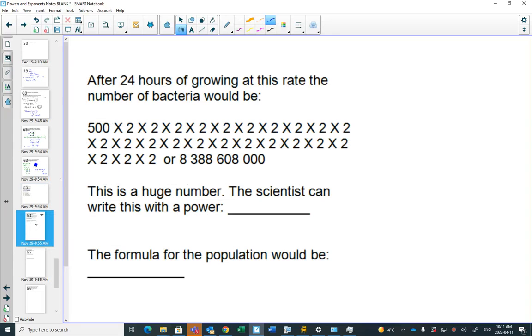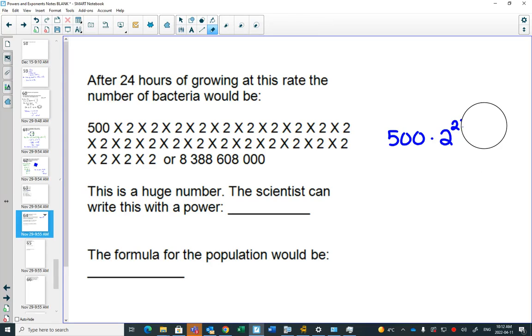After 24 hours, you would have this. Can you see that after 24 hours, what has really happened is that you have doubled how many times? 23 times. Does that make sense? Oh, wait a minute. It is 24. After 1 hour, it says after 24 hours, not at.